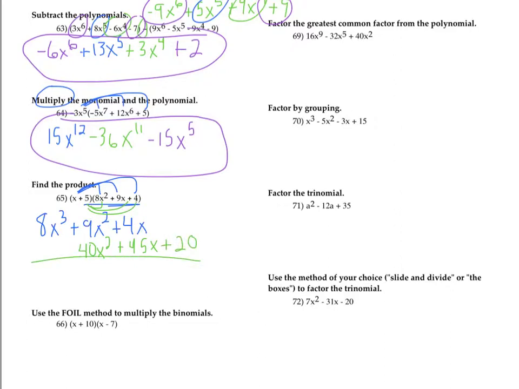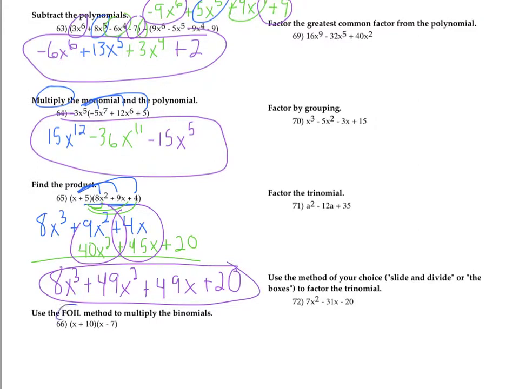And if you set it up this way where when I did the second one, I moved it over one to the right, look, we've got like terms all lined up and ready to go. 8x cubed plus 49x squared plus 49x plus 20.